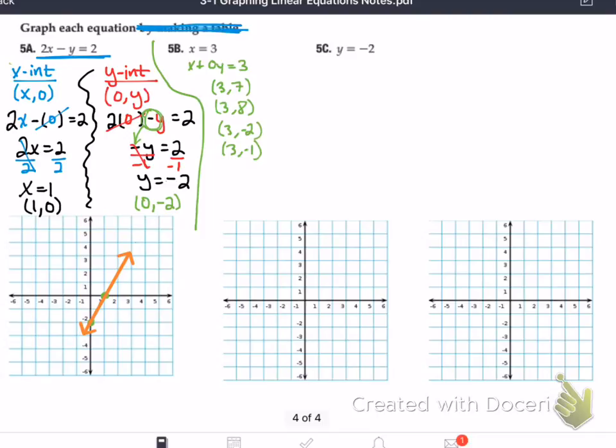Even if I put a 7 in here, 0 times 7 is 0, so I get x equals 3. If I put an 8 in here, 0 times 8 is 0, so x is going to equal 3, and so on and so forth. So this is actually going to be a vertical line if you plot these points. No matter what y value you pick, you're always going to get this vertical line here.